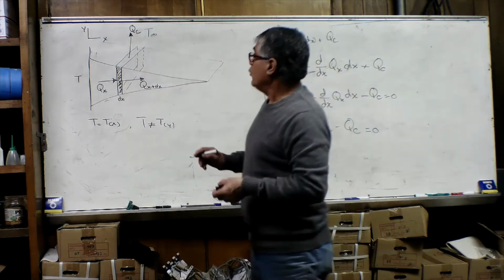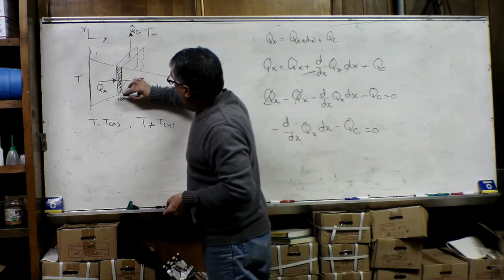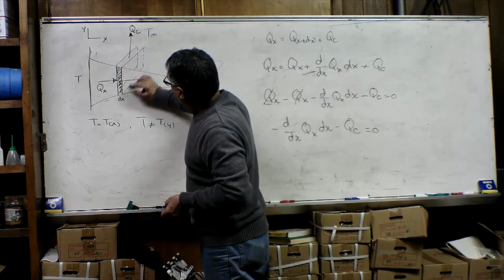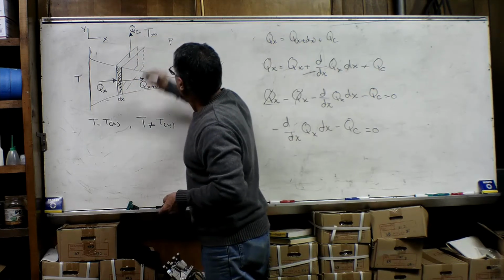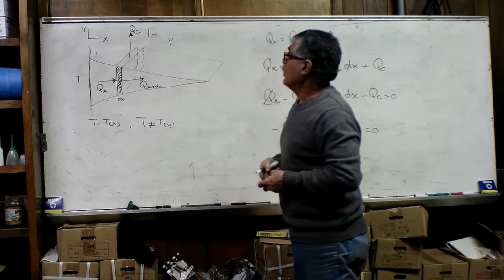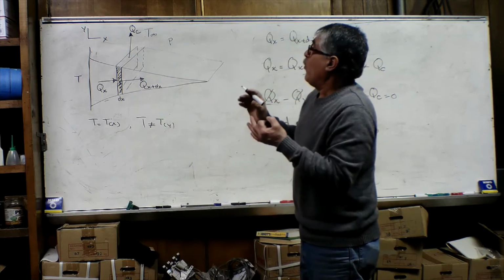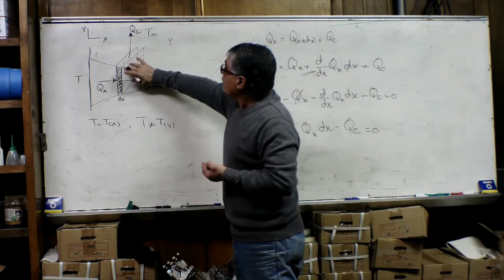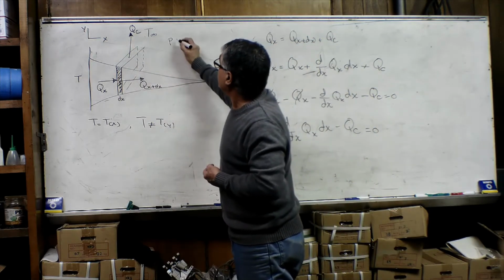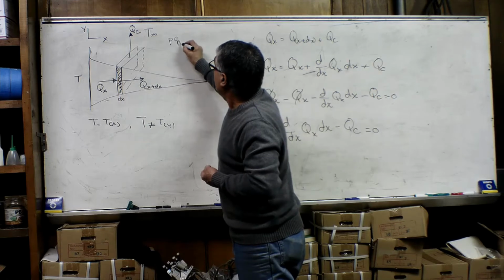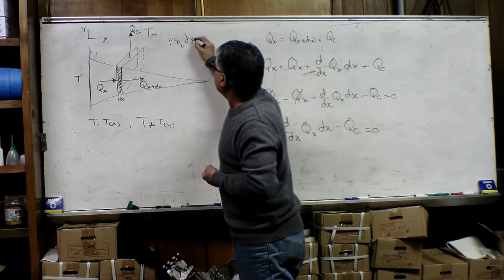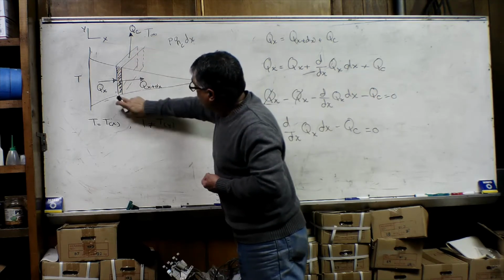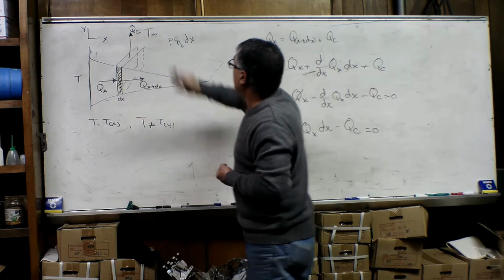Now, if we assume that the perimeter of this control volume is P, the convection heat transfer out of this surface can be written as P Qc dx, the perimeter multiplied by dx and Qc.